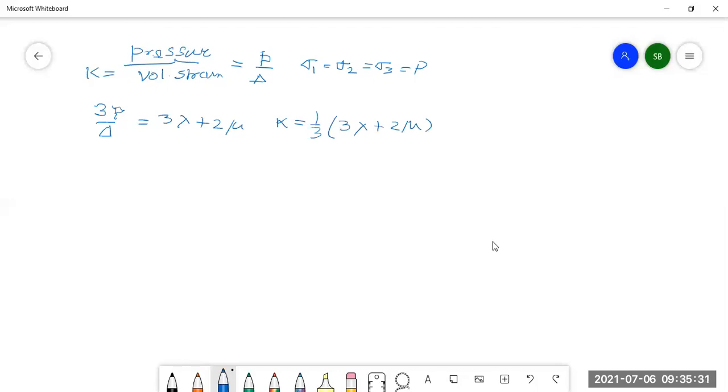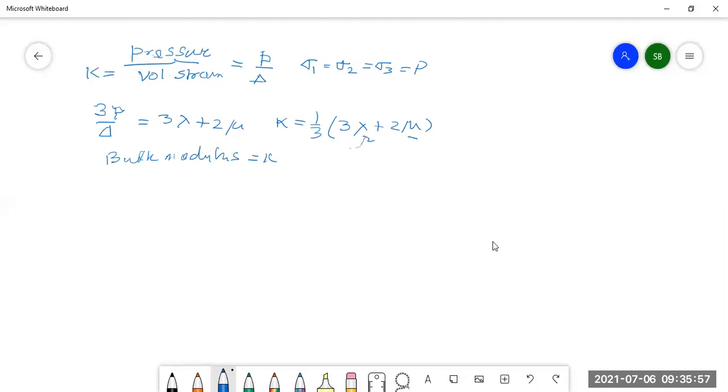Thus, the bulk modulus of an isotropic solid is related to the Lame's constants through equation 14. So what is the bulk modulus? It's like this, which is K, which is related to the Lame's constants lambda as well as mu itself.